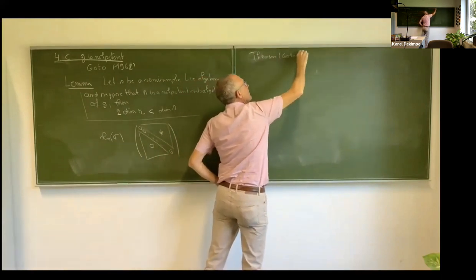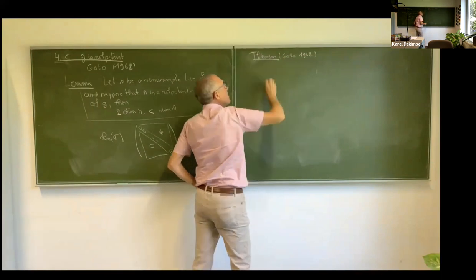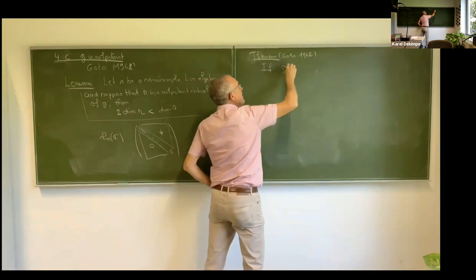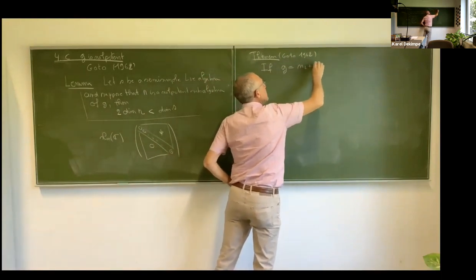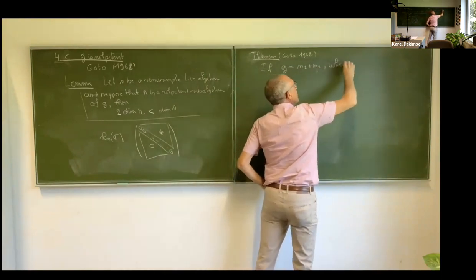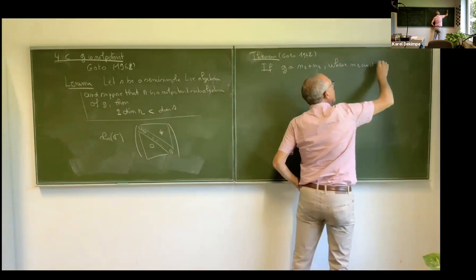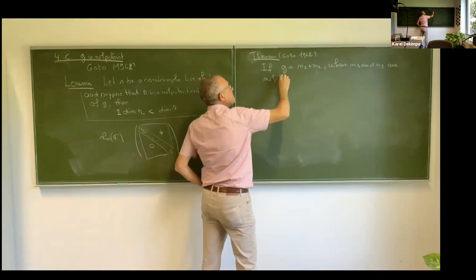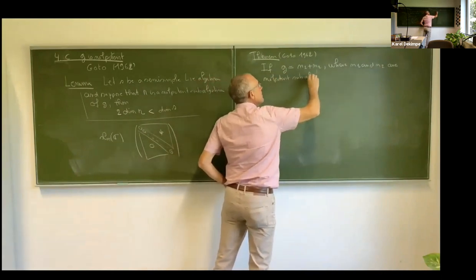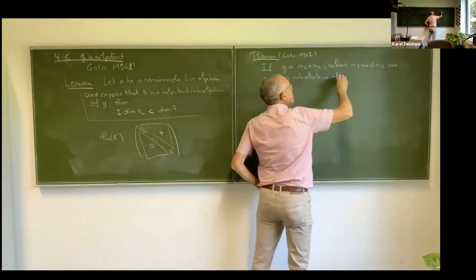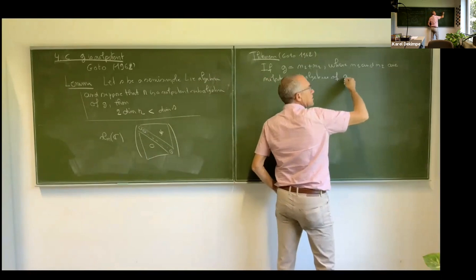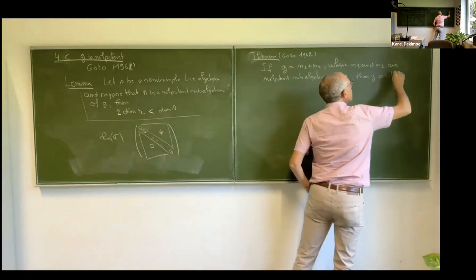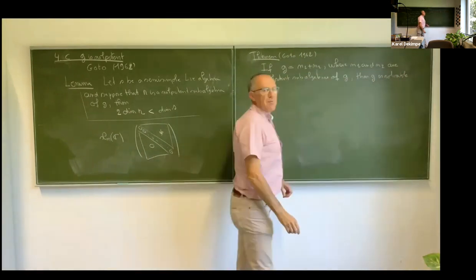This is still from the paper of Goto, and it says the following: if G is N1 plus N2, where N1 and N2 are nilpotent subalgebras of G, so G is a Lie algebra, then G has to be solvable.